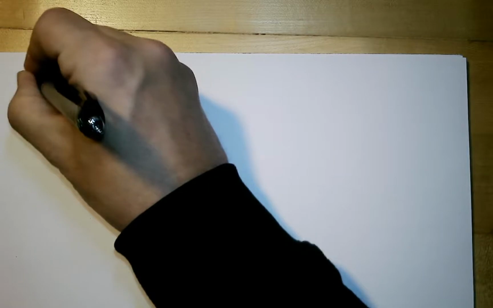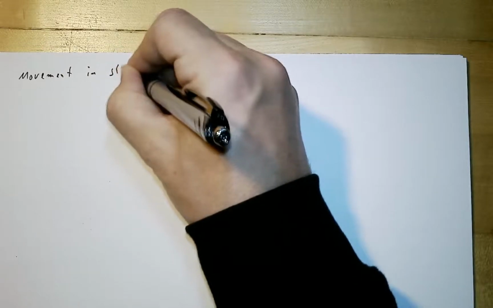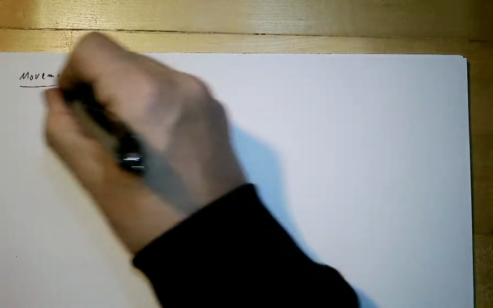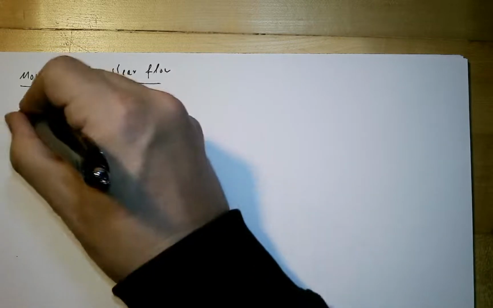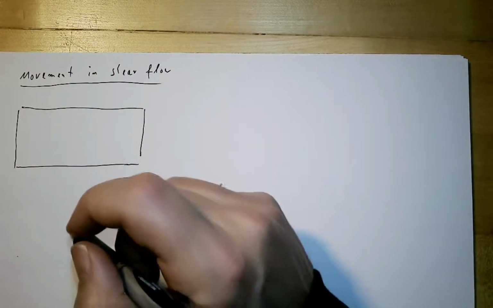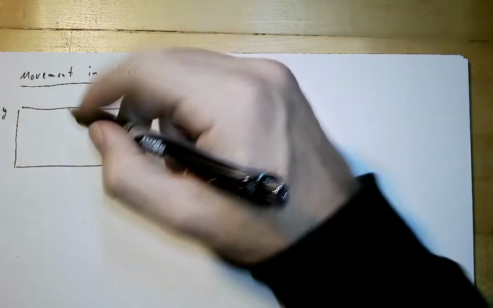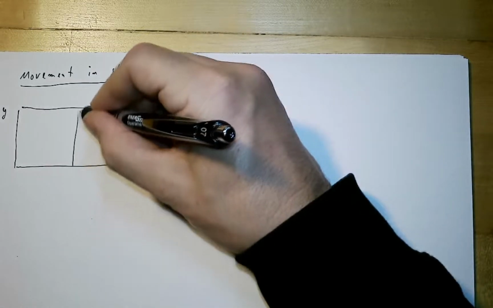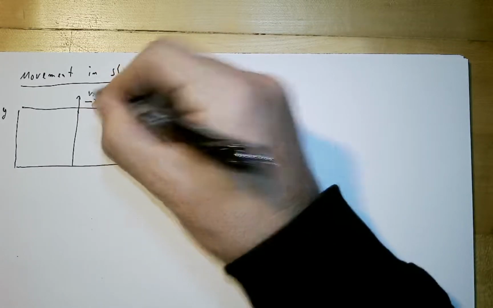And we can do one step more. For example, what would happen if we have a movement in a shear flow? Let's assume we have again our pollutant moving in our water field. It can go in y direction and in x direction, and now we want to see the velocity in the x direction.